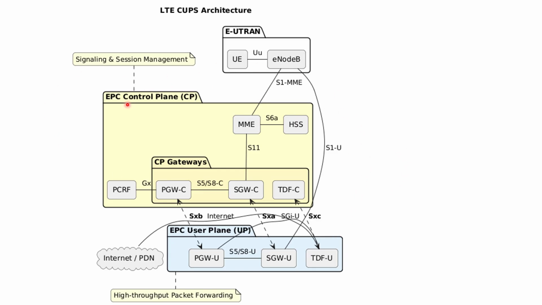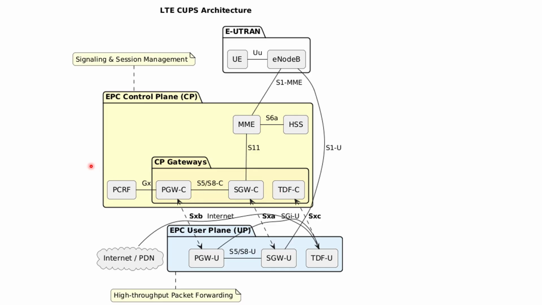In the EPC control plane, it is going to handle the control plane signaling and session management. Here we have the same nodes, MME and HSS. These manage subscriber authentication and mobility tracking via the S6 interface that we already covered. And here we have the control plane gateways in the EPC control plane: PGW-C, SGW-C, and TDF-C.